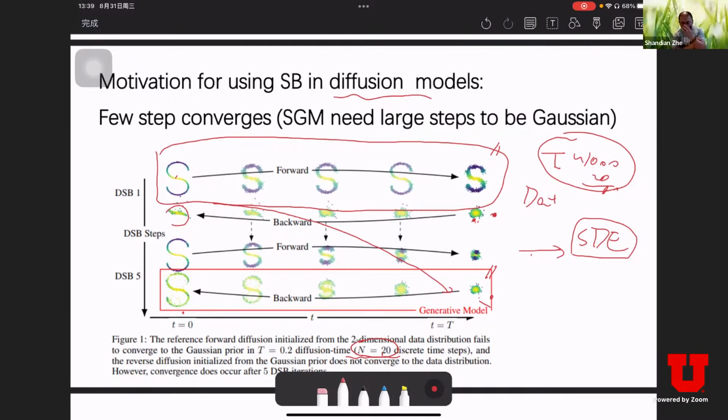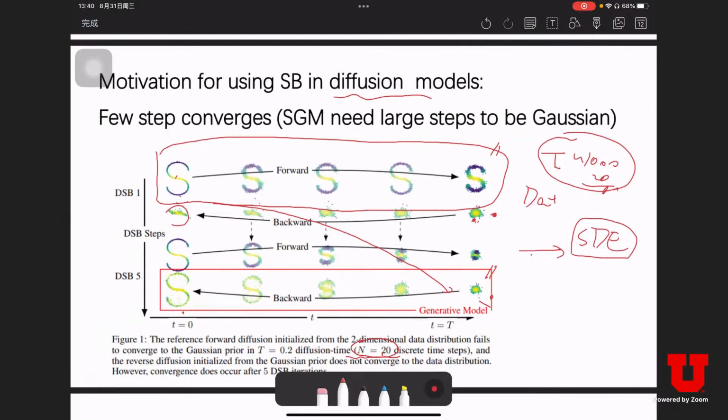Do you need to convert or transform the data to noise and then learn this? Yes, you do need noise and original data for training, both forward and backward. That's the ideal case.